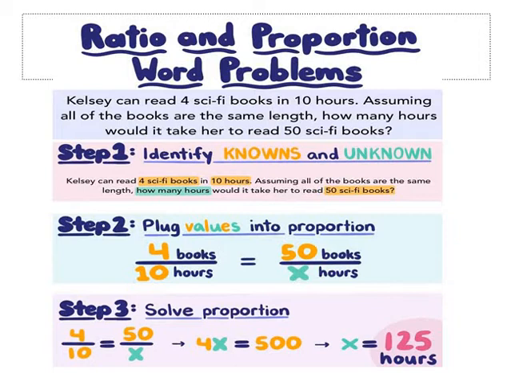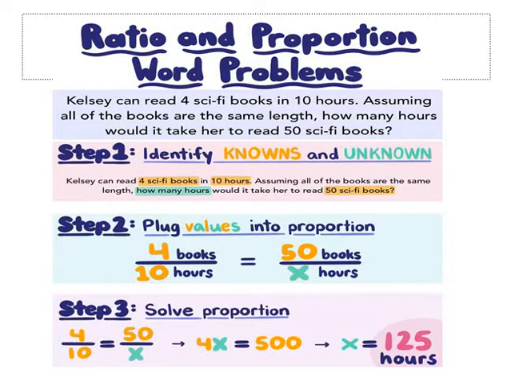You can see that it's a problem from real life. They say Kelsey can read 4 science fiction books in 10 hours. Assuming all of the books are the same length, how many hours would it take her to read 50 science fiction books? As you can notice here, I have three known values.